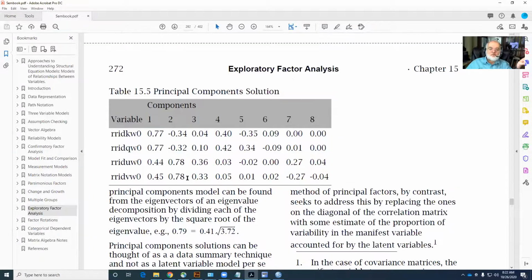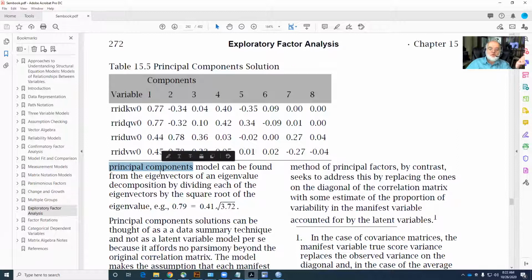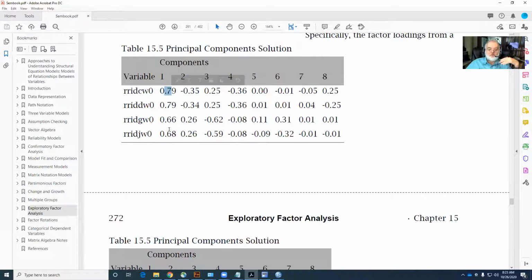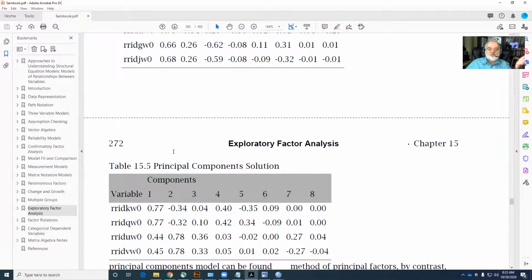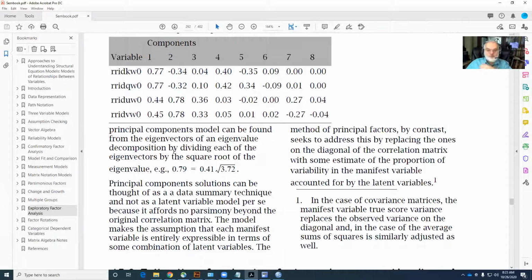Specifically, the principal components that you're going to see in SPSS or SAS can be taken by taking the eigenvectors and dividing each of those by the square root of the eigenvalue. I'm sorry, multiplying them. So 0.41 times the square root of 3.72 gives me 0.79. And those would be the numbers that you would see if you said proc factor or inside of SPSS, if you selected the loadings that come out of there.